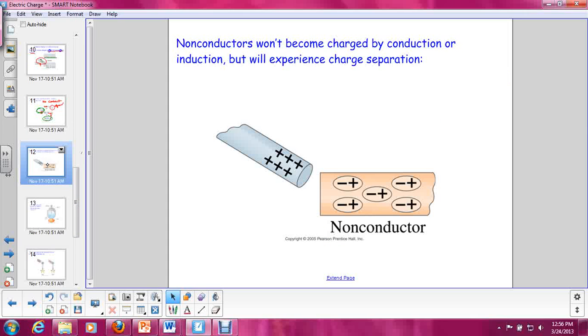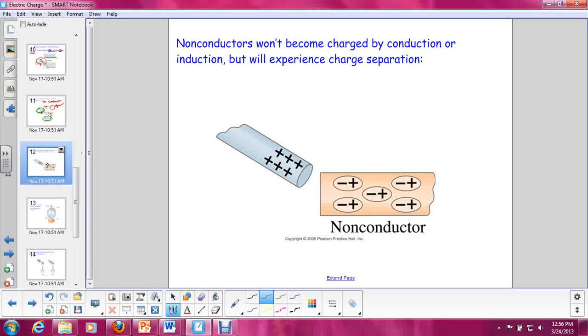It turns out a non-conductor or an insulator cannot become charged either by conduction or induction. So if I have a block of wood and I rub a balloon on my hair to get a charge on it and I touch that balloon to the block of wood, nothing's going to happen. I also can't connect that block of wood to the ground and bring the balloon near it to induce a charge.